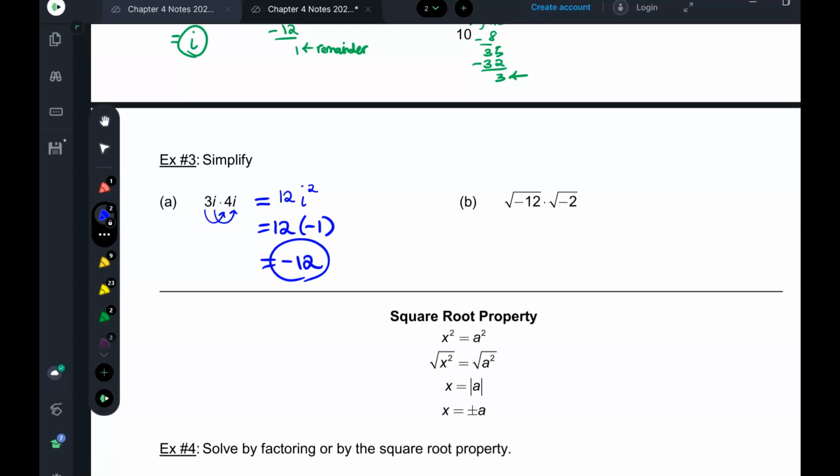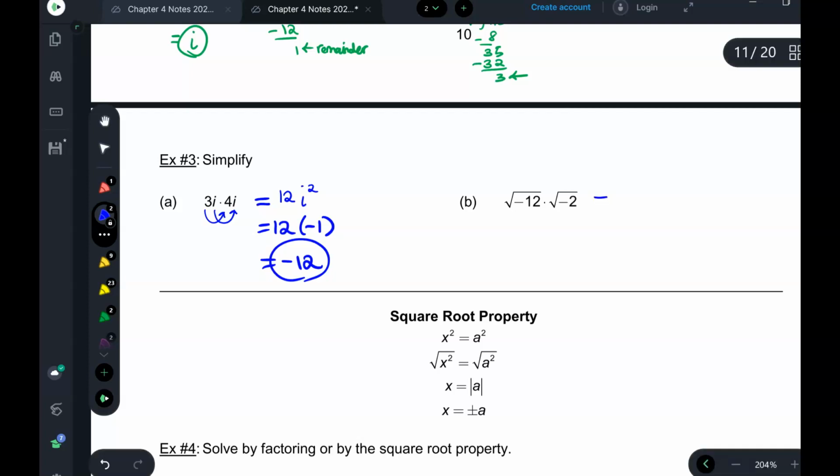But what if in that situation you get something that's not equal to -1 or 1? That's okay, you can have i in your answer. If I had times another 2i, I would have i in my answer.